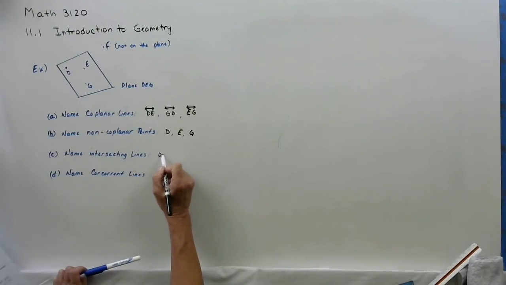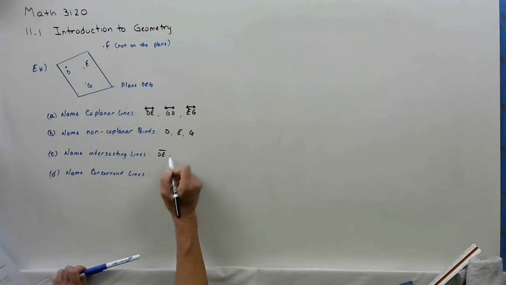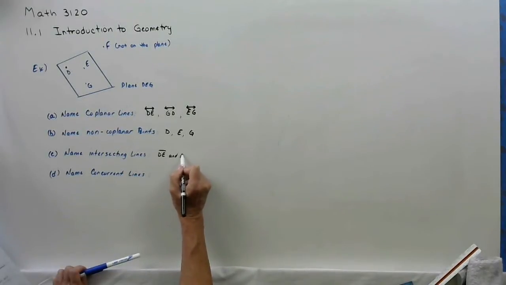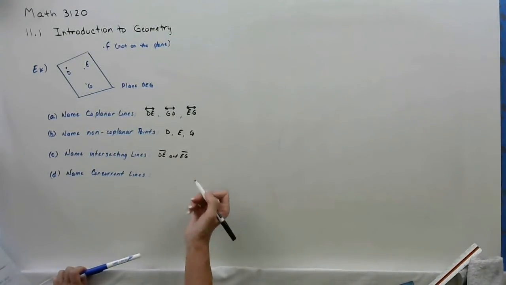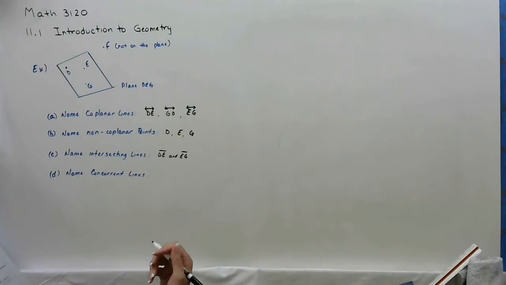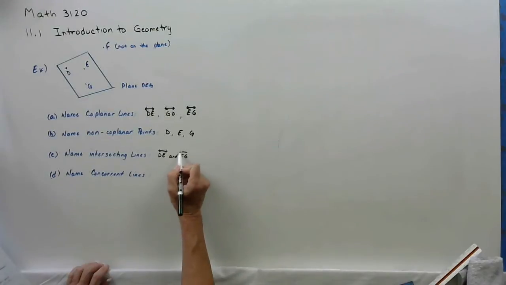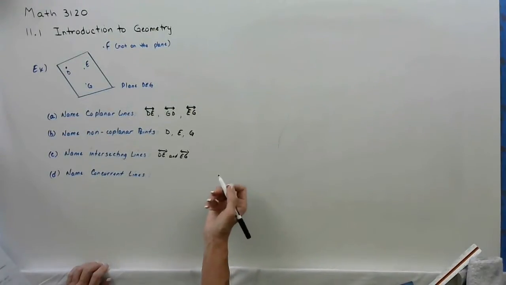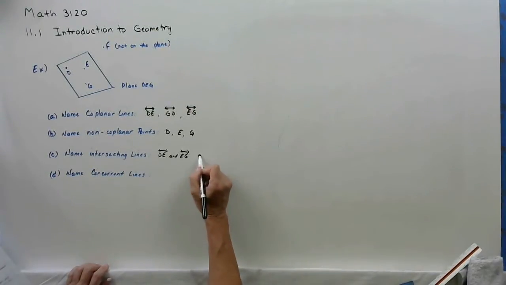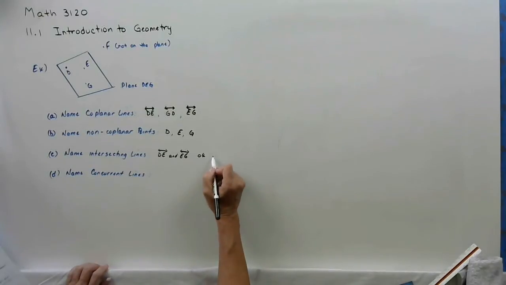So I could say DE and EG, or GE. Okay? I said lines, I better make them lines. Or you could do any of these combinations.